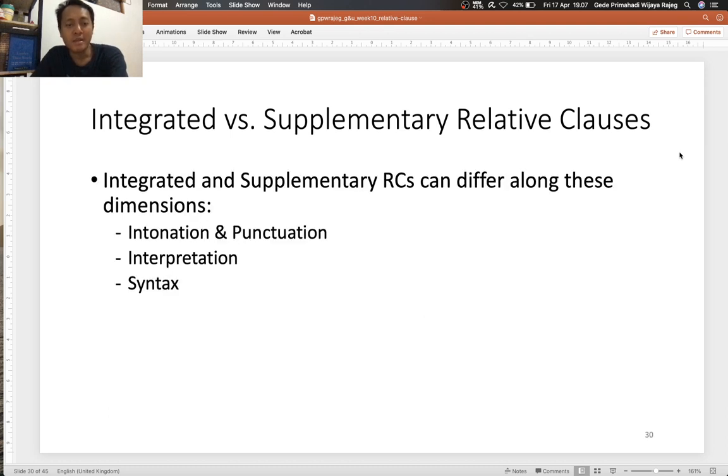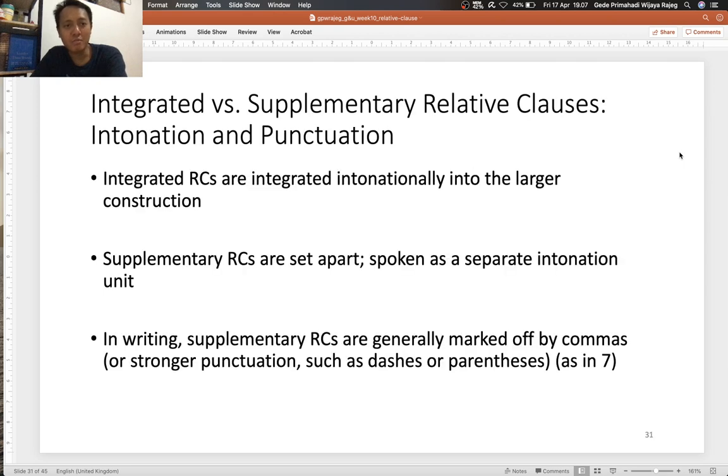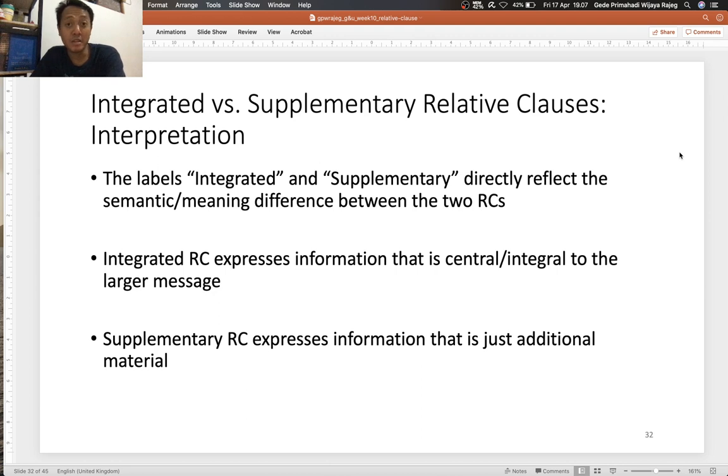But I think what is crucial between these two is how they affect interpretation of the head noun. The labels integrated and supplementary already reflect the meaning difference. Integrated relative clauses express information that is central, integral to the larger message, while supplementary relative clauses express information that is just additional material.